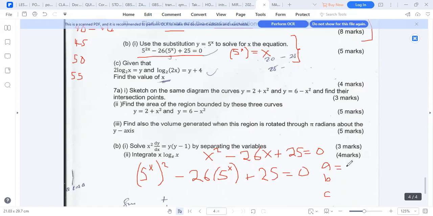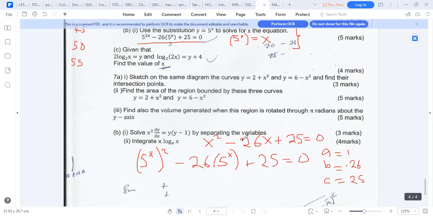Our A is 1. Our B is negative 26. And our C is 25. Correct. So when you solve this equation, we're going to find that x is equal to 1 and x is equal to 25.